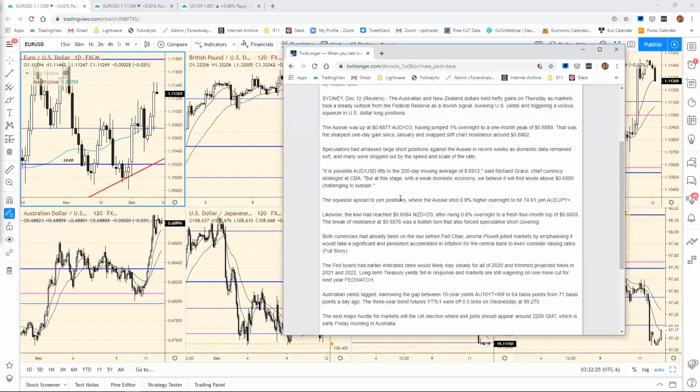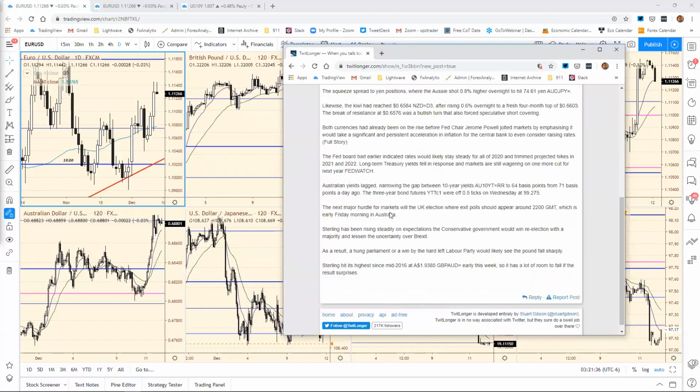Both currencies had already been on the rise before Fed Chair Jerome Powell jolted markets by emphasizing it would take a significant and persistent acceleration in inflation for the central bank to even consider raising rates. The Fed board had earlier indicated rates would likely stay steady for all of 2020 and trimmed projected hikes in 2021 and 2022. Aussie yields lagged, narrowing the gap between 10-year yields to 64 basis points from 71 basis points.